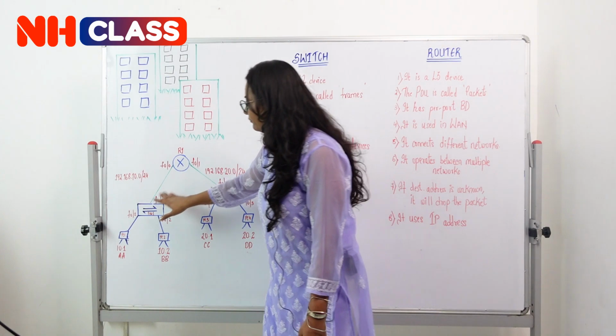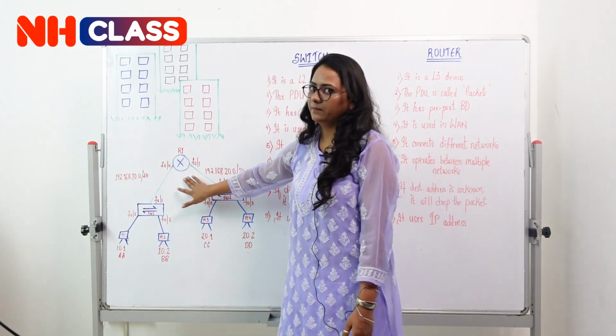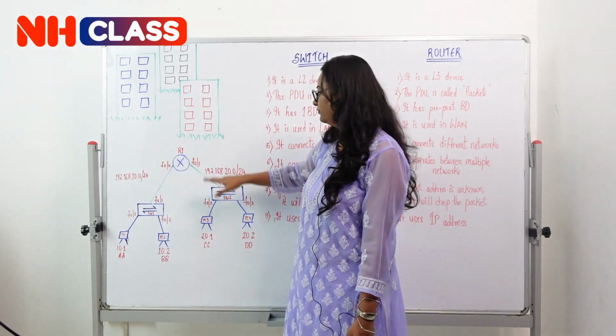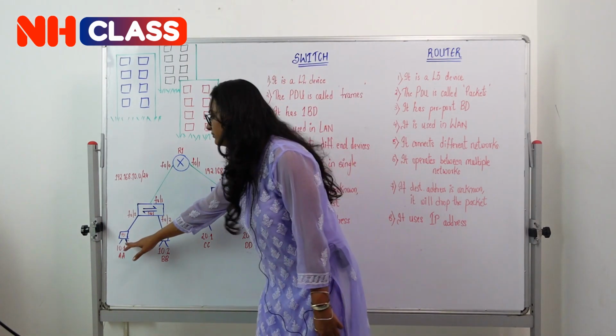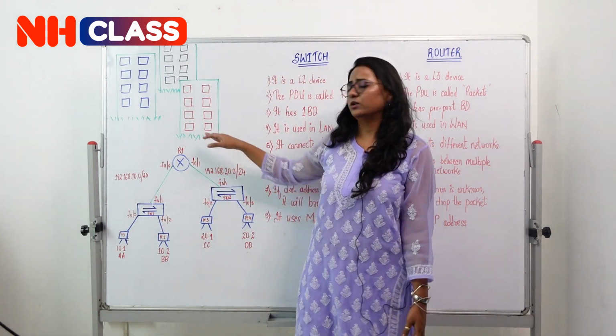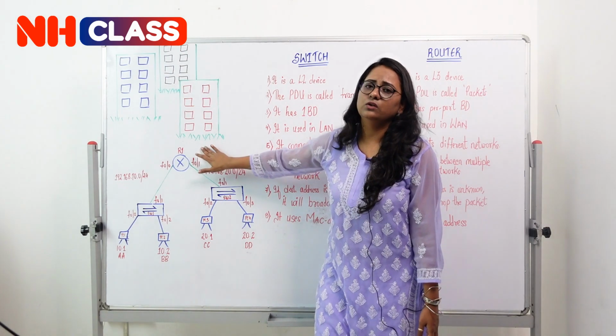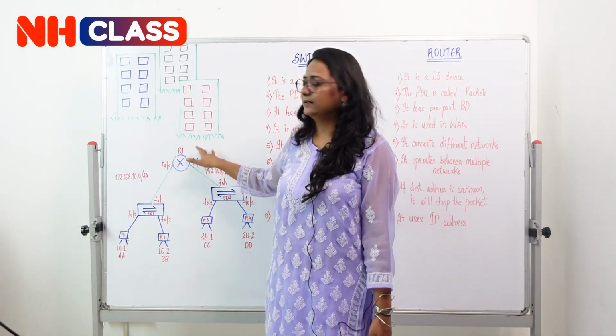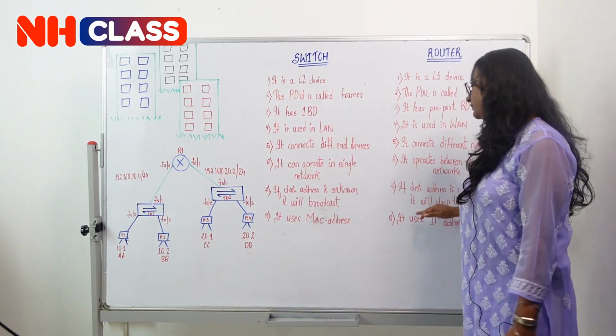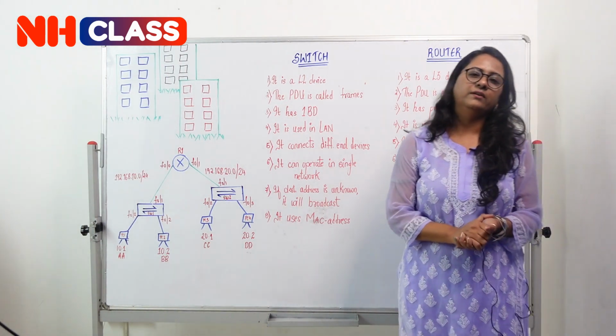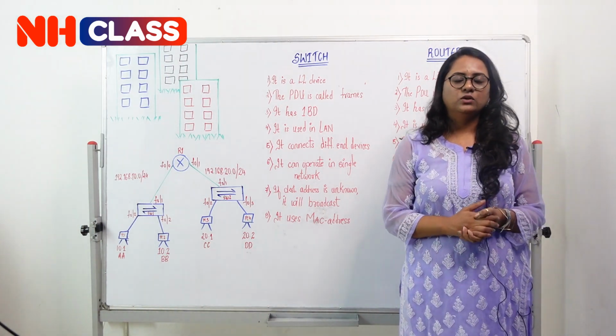If PC1 is sending a packet to the router and the destination network is not part of the routing table, then the router will not broadcast. In this case, it will drop the packet. So this is the basic difference between a router and a switch. Hope this helps.